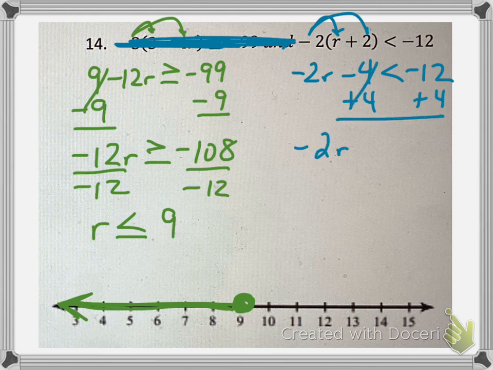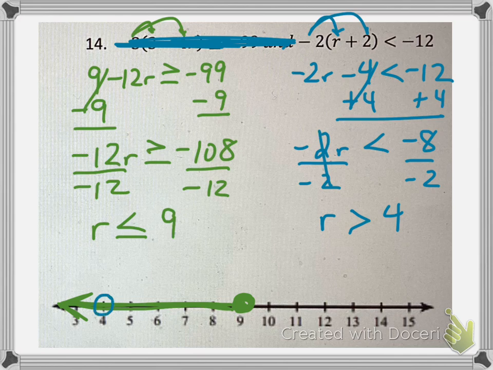Negative 2r is less than negative 8. Now divide by negative 2. R, divided by a negative, flip that inequality. R is greater than 4. So I'm going to go to 4, and I'm going to leave it as an open circle, and it's greater than that. There we are.